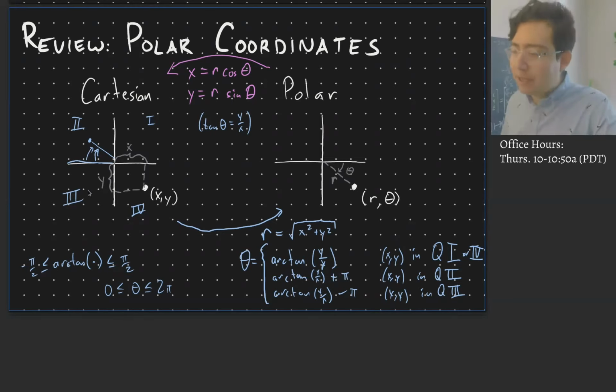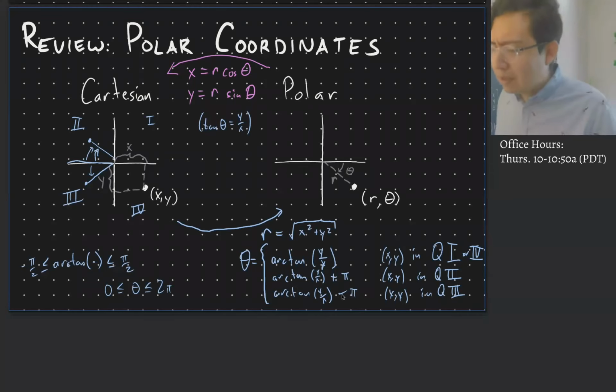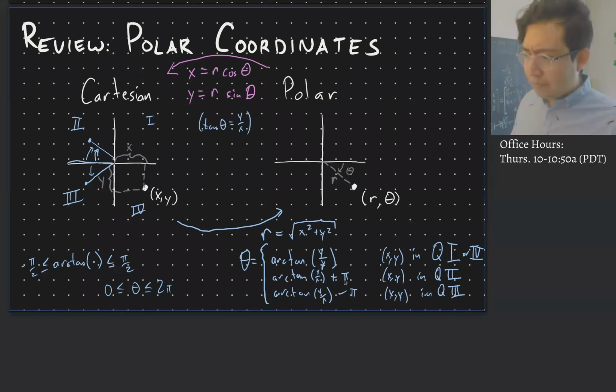And now for points in the third quadrant here, the arctan function will spit out, I believe, this angle here. Yeah, so the book is a little different. I will say that there's other ways to do it. If you subtract pi, you can also add pi in quadrant 3.